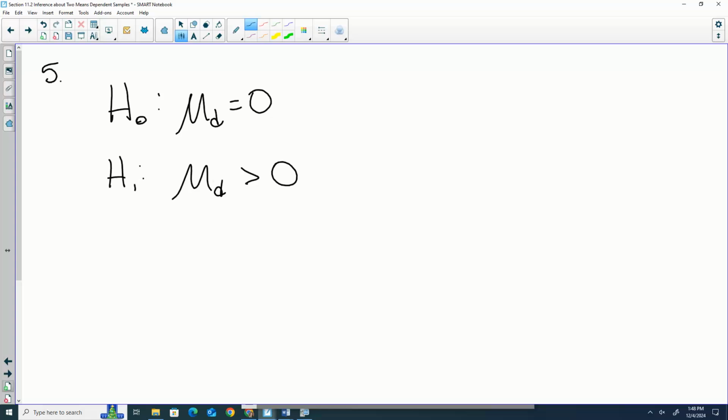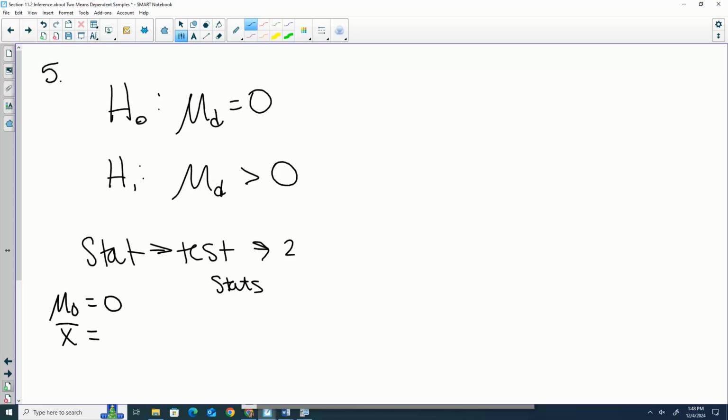All right, when we go to put this in our calculator, we do not have the 2 lists of times. So when we go to stat, test, number 2, we need to now go into stats, not data. The mean of the null is 0.